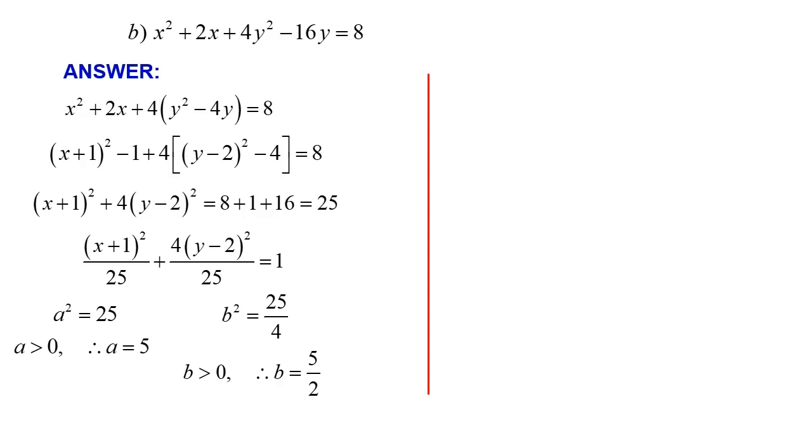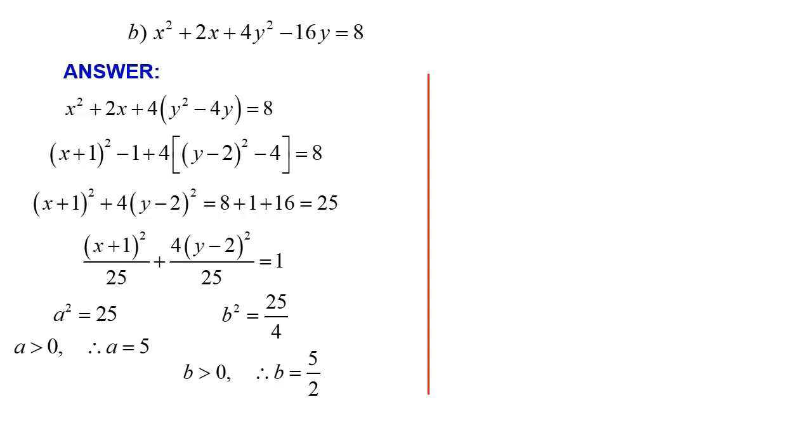Below here it should be 25, and then we bring 4 over 25 below 25. So it will be 25 over 4 and not 4 over 25. This is a common mistake that students make when we have a fraction here. Since B squared is 25 over 4, the value of B will be 5 over 2.